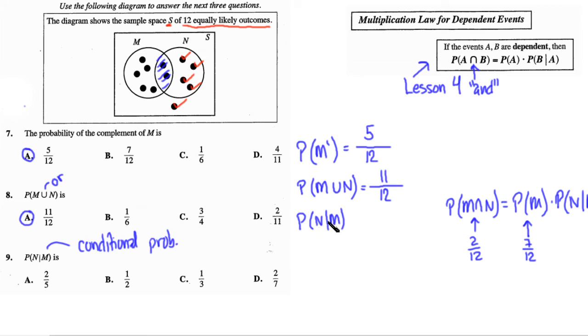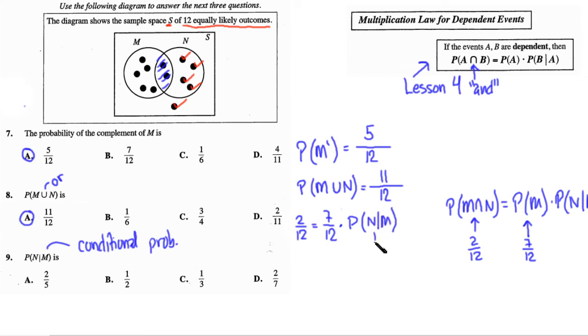I'm just going to erase this because I'm not going to need it just yet. And we're going to plug these values into the formula. So we get 2 over 12 equals 7 over 12 times the probability of N occurring given that M has occurred.